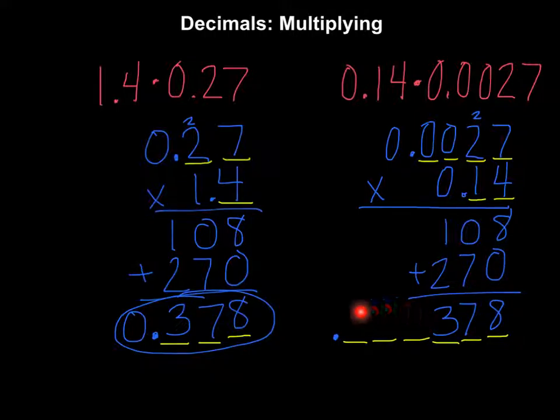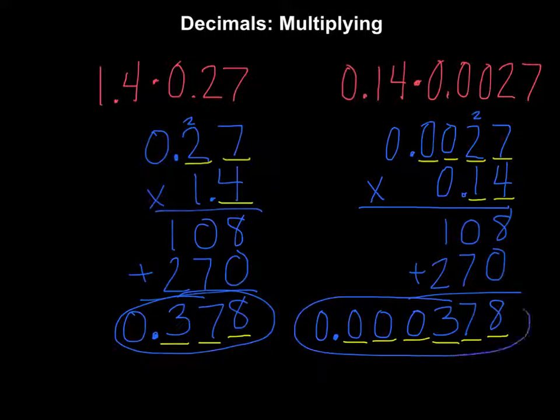Well, each of these empty spaces will just get filled with a 0, and a 0 out front of my decimal for good measure. So my final answer here would be 0.000378. So notice these last digits match these last digits. The only difference between these two problems is how many decimal places the answer has at the end.